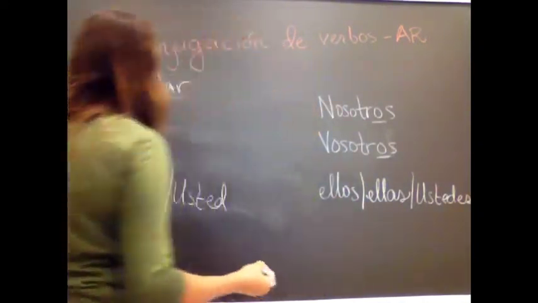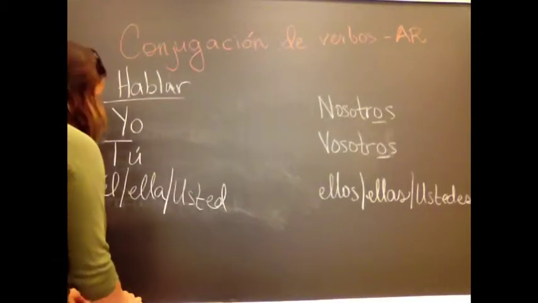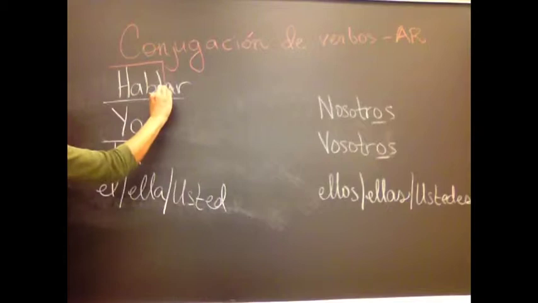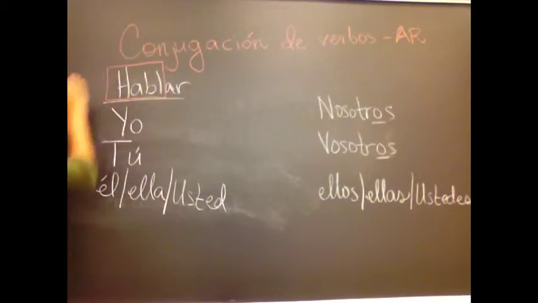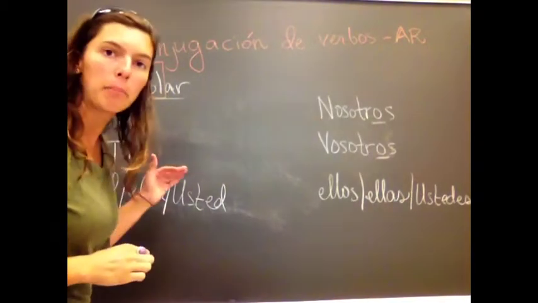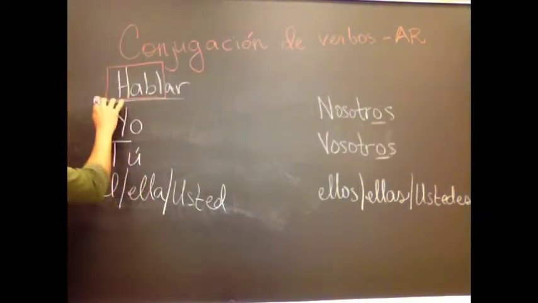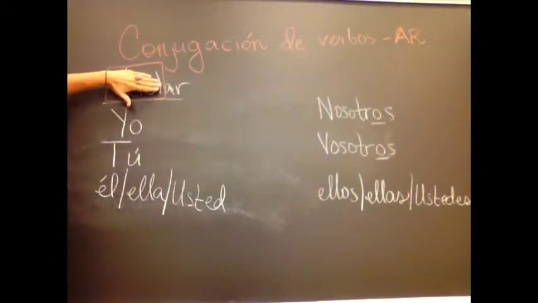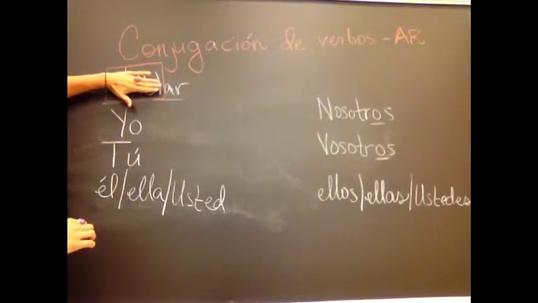All right. So then what we do is we take the stem of the verb. The stem is everything except the ending. So in this particular case, the stem of hablar is just habl, right? The H-A-B-L. We're covering up the ending, and we're using the stem, habl. Okay? The ending is either A-R, E-R, or I-R. Luckily, in Spanish, there's only 3 types of endings, and this is one of them, an AR verb.